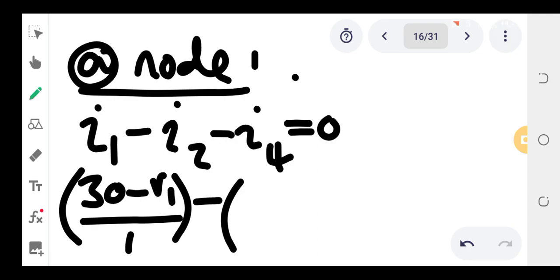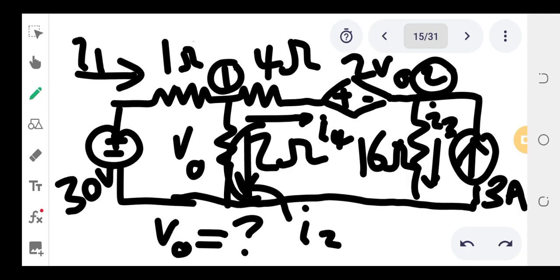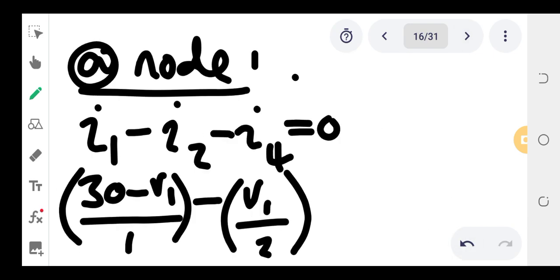My I2 there is equal to V1 over 2. So voltage 1, the voltage at node 1, divided by 2 ohms.